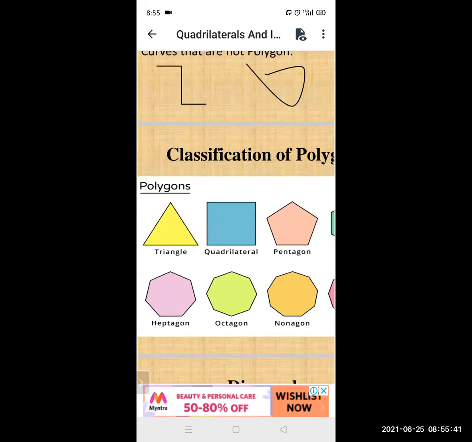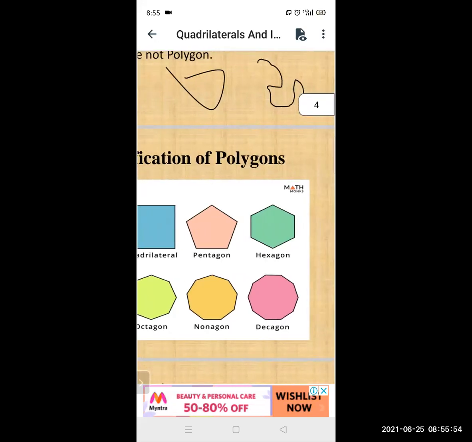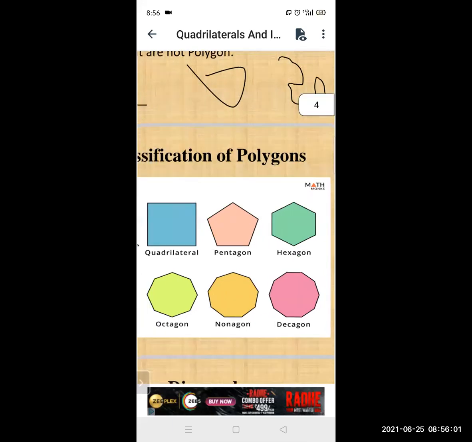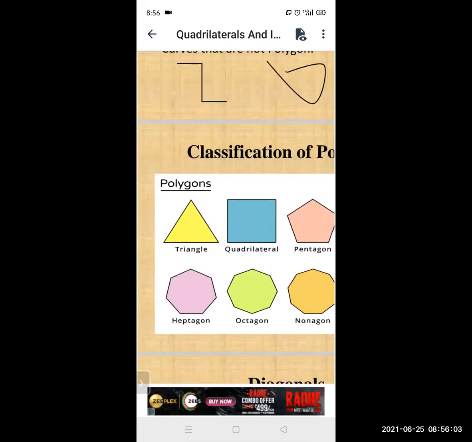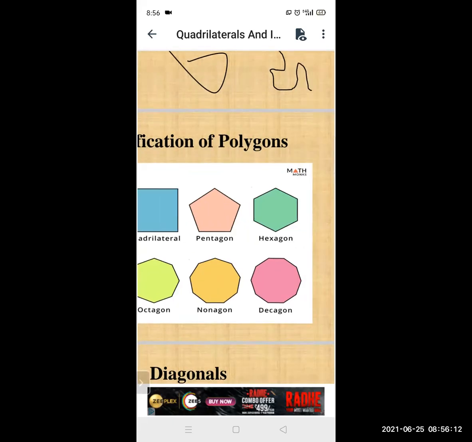If we join five lines, one line I am adding, 3, 4, now 5, then it is called a pentagon. After the pentagon, if I add one more segment and form a structure like this, that is called a hexagon. Again, 6 lines is a hexagon, 7 lines is a heptagon, 8 lines an octagon, 9 lines a nonagon, and 10 lines a decagon.